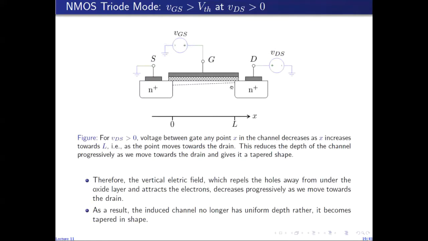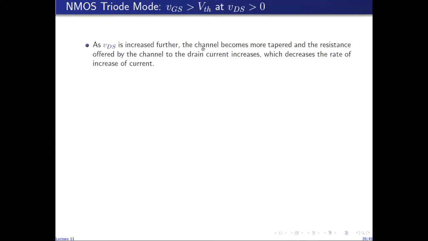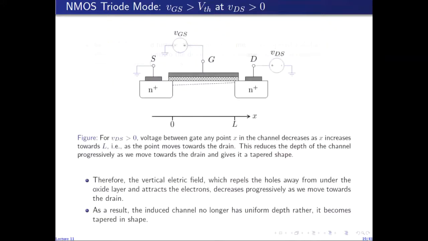As we increase VDS further, the channel becomes more and more tapered. Since the electrons drift from the source towards the drain region, they encounter more resistance in the channel ahead of them because of the progressively smaller depth of the channel as they move from the source end of the channel towards the drain end of the channel.